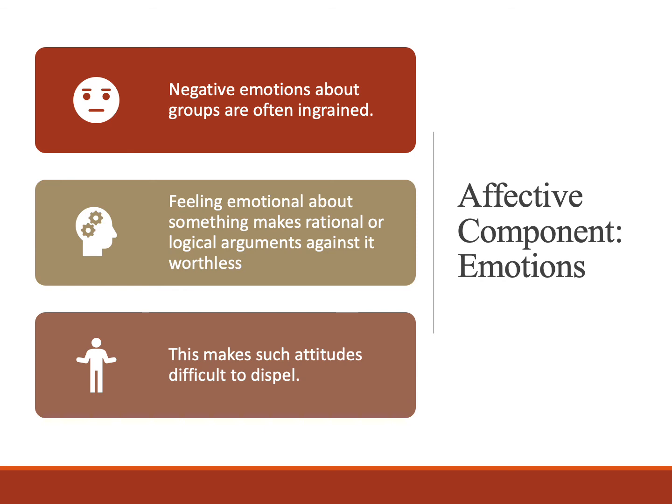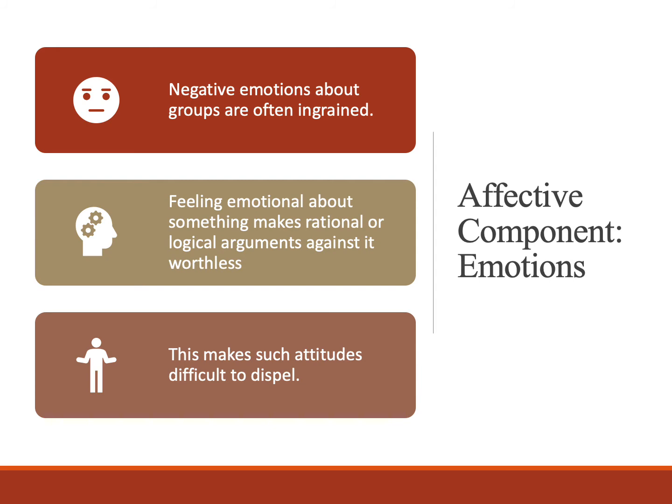And with emotions, the problem is when you feel emotional about something, it makes rational or logical arguments against that seem worthless or not effective against it, right? So this makes negative attitudes difficult to dispel. Things like prejudice, it makes it hard to dispel those because of this affective, emotional component, right?